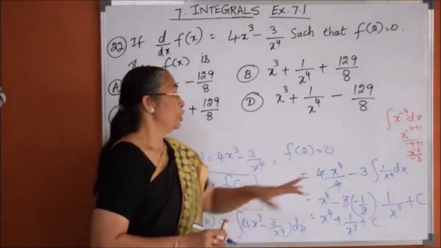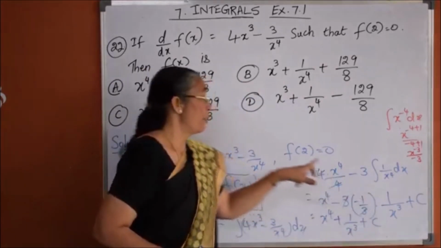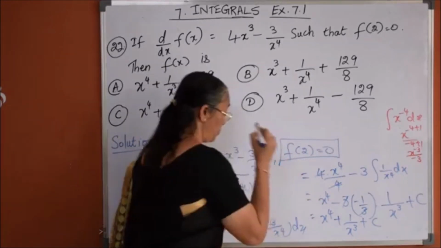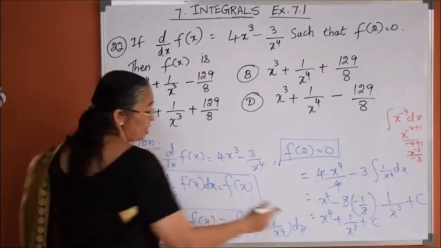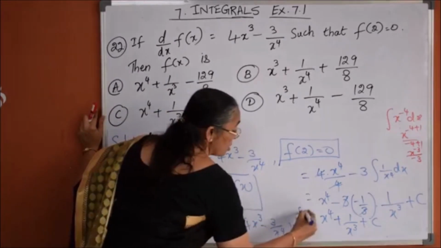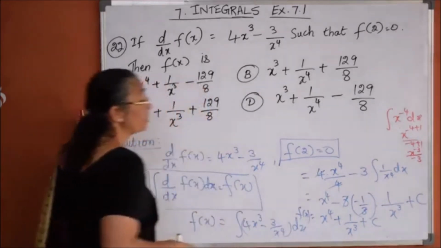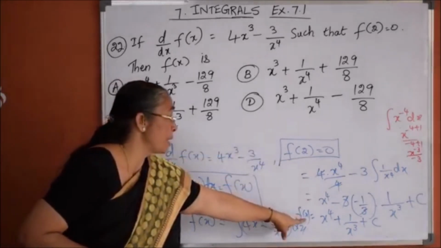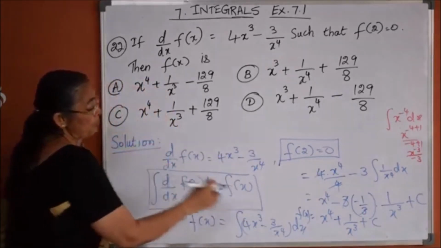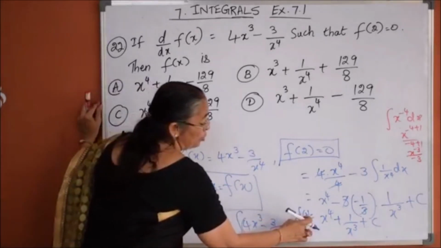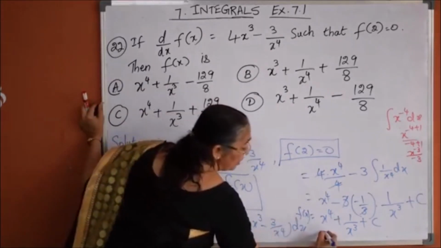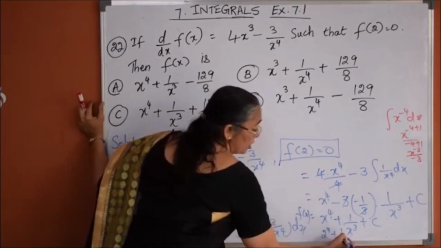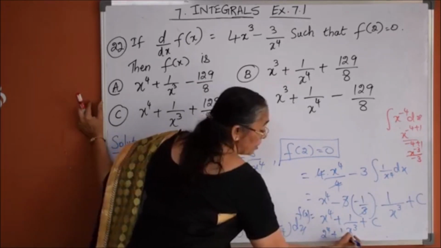Now, to get the c value, we have to use this given condition f of 2 is equal to 0. So, the function we got here is f of x. Now, let us use f of 2 is equal to 0, that means substitute x is equals to 2. So, when we substitute x is equals to 2, f of 2 here, we get 2 to the power of 4 plus 1 divided by 2 power 3 is 8.